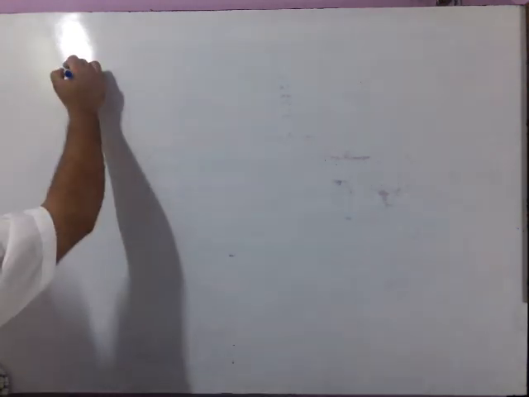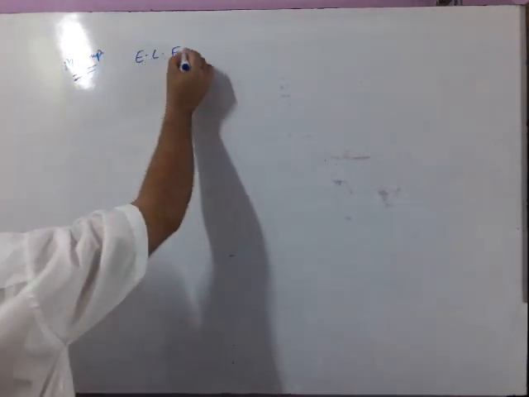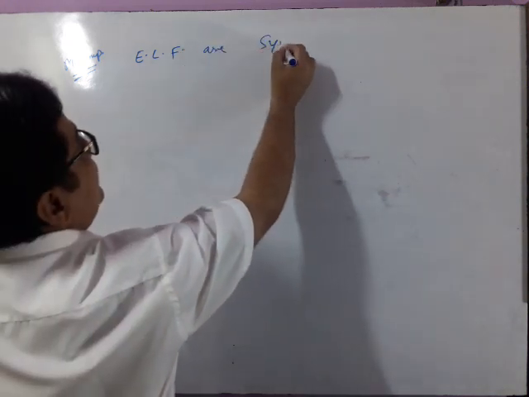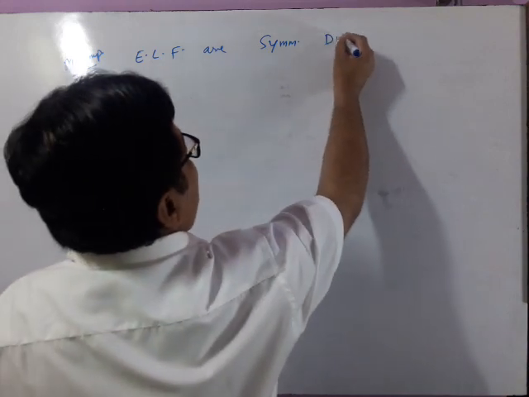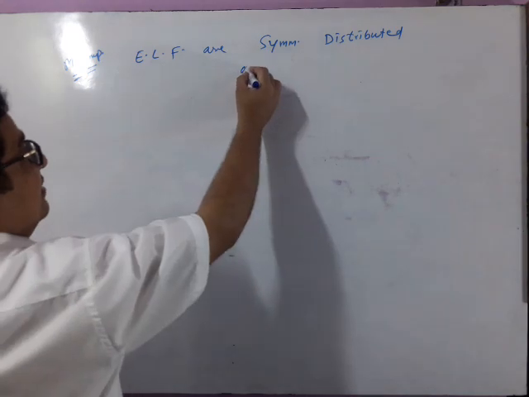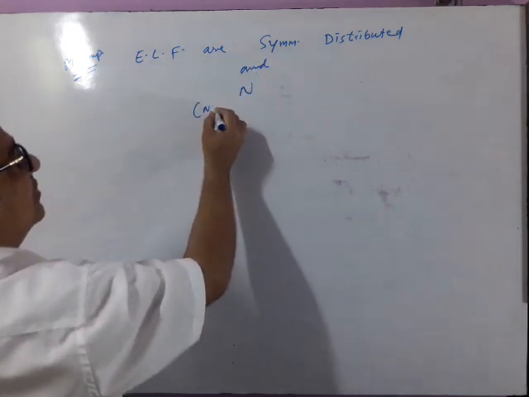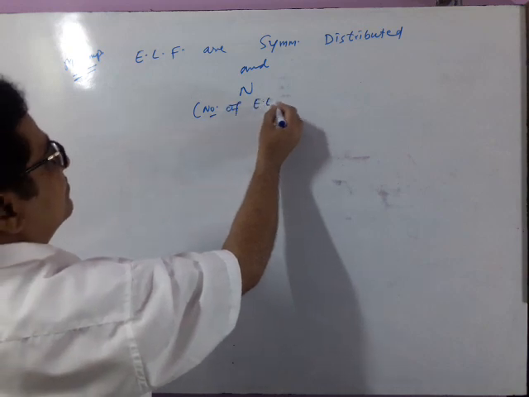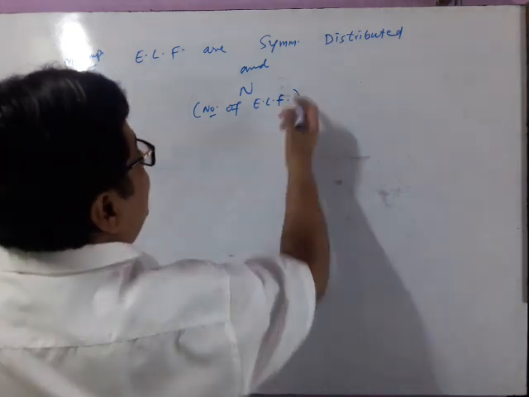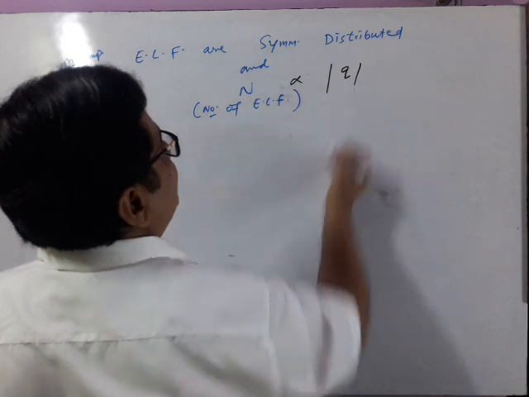Now see, most important points. Electric lines of force are symmetrically distributed, and the number of electric lines of force is directly proportional to the magnitude of charge.